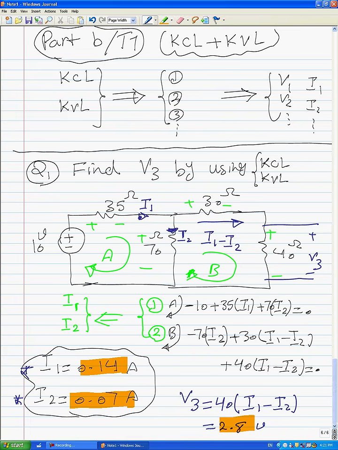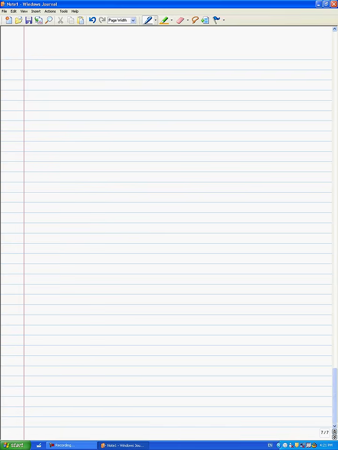By solving these equations, we can find any unknowns. We can find any voltage, any current, any power, and so on. Next question again covers KCL and KVL. Question 2.